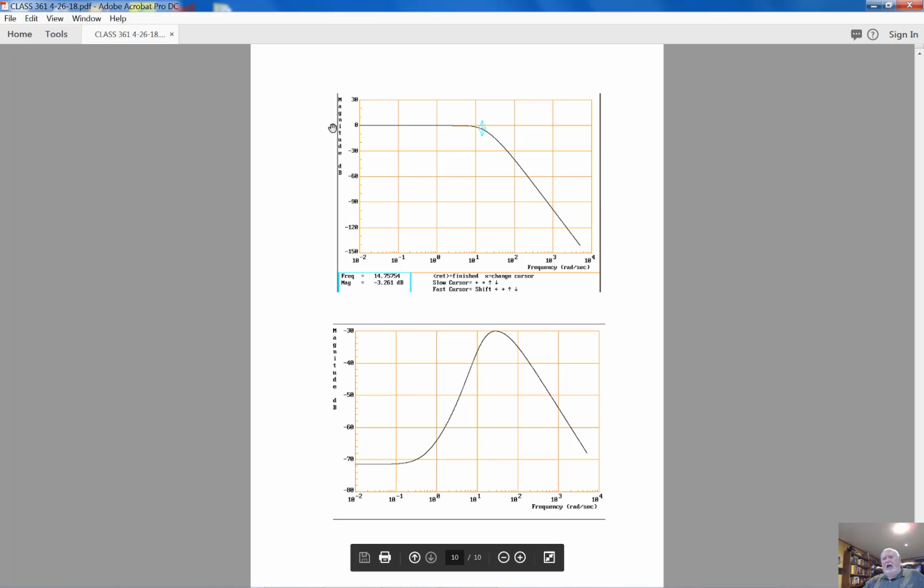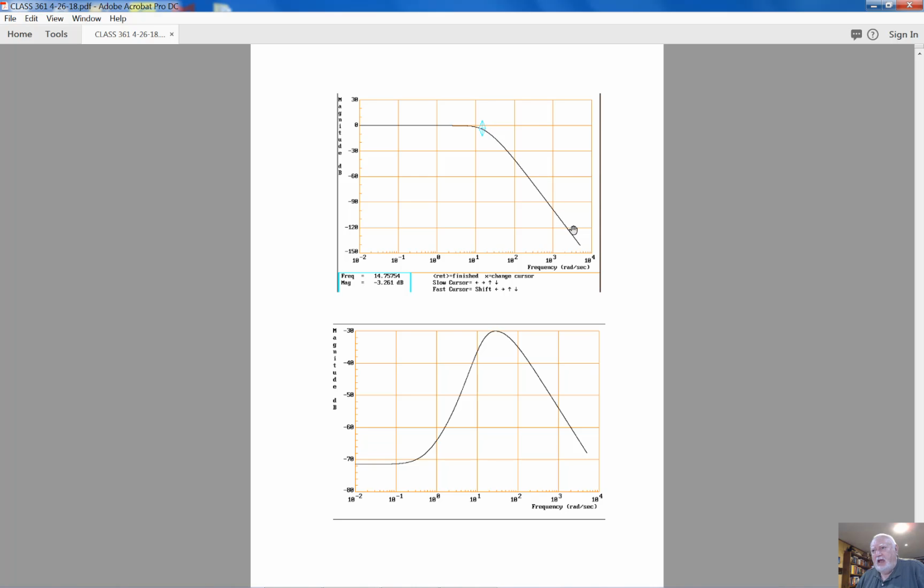First of all, I want you to see the frequency response of our system for the reference input. It has exactly 0 decibels until the frequency, which happens to be 14.75, which is virtually 15 radians per second, the bandwidth of the system.